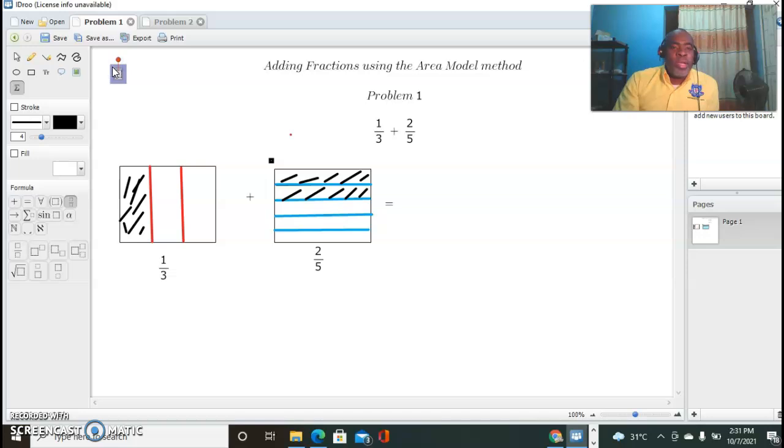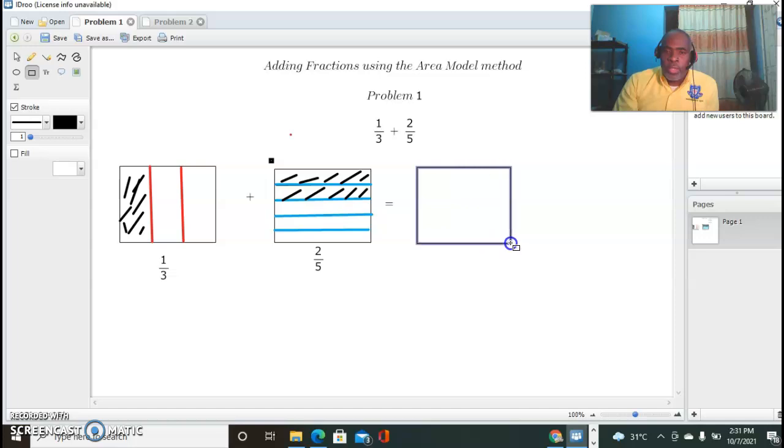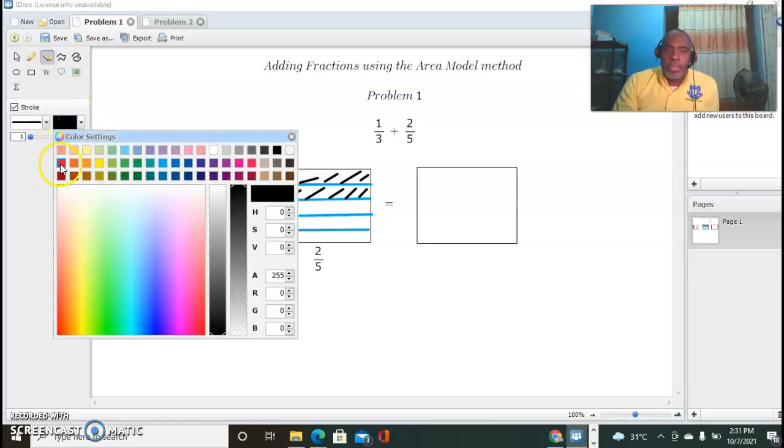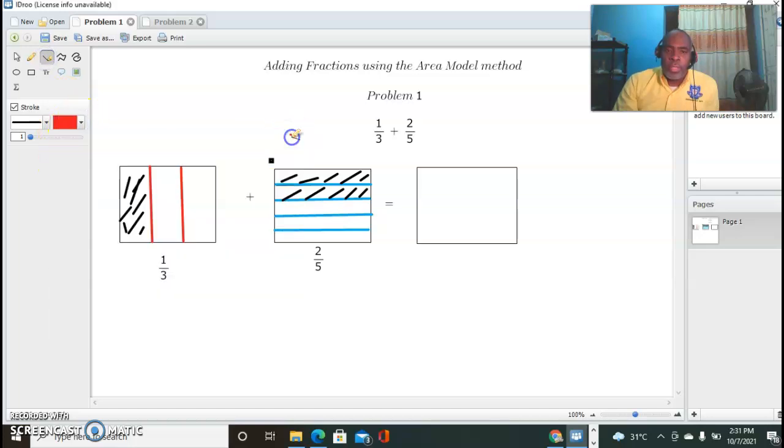So I'm going to draw a third rectangle. Remember now, you have to pay attention and follow the steps. Now this third rectangle, I'm going to shade it like the first one, using this pattern, but I need to get that line thicker.